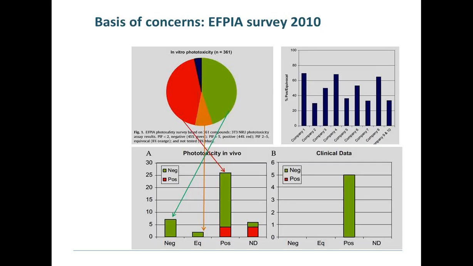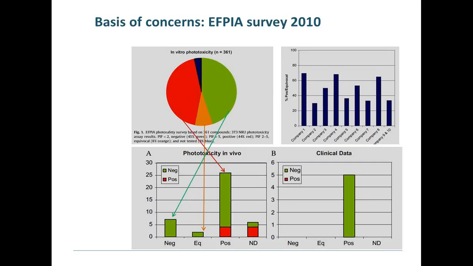Thanks. So these are graphs from this publication. The basis of the concerns, you see on the left side, was the percentage of positive results in the 3T3. The 361 is the pie chart on the left top. The green part is the negative 3T3 assays. The red part is the positive ones, and the yellow part is the equivocal part, that is the probable phototoxicity in the range between 2 and 5 regarding the PIF, and 0.12 and 0.15 regarding the MPE.